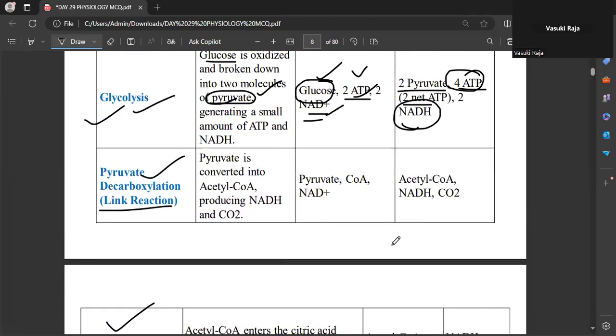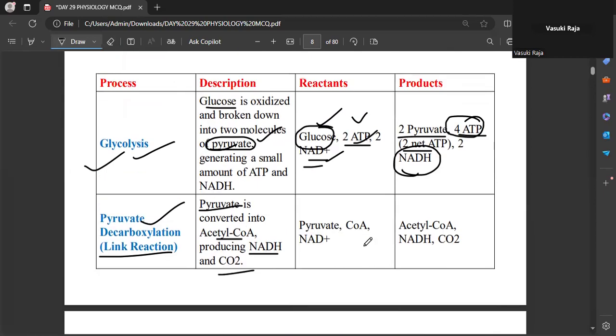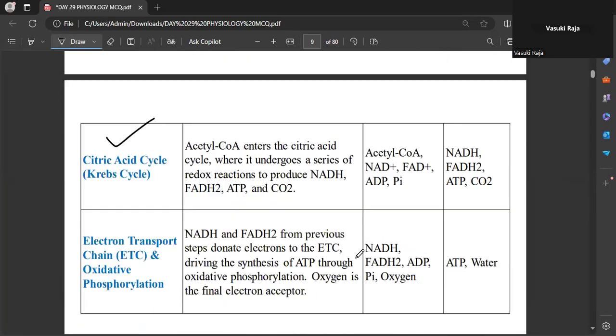In pyruvate decarboxylation, pyruvate is converted into acetyl-CoA, producing NADH and CO2. The reactants actively involved are pyruvate, CoA and NAD+. As it is a decarboxylation reaction, definitely there will be release of carbon dioxide, and NAD+ is reduced into NADH.